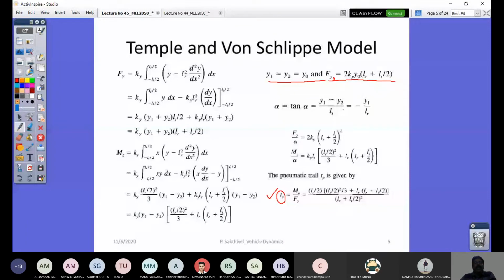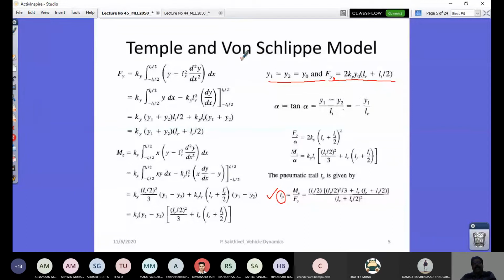So what is the limitation of Julian's model and the Temple and Wanshipy model that we have seen is essentially they are independent models. They do not account for the dependency on both slip and slip angle, right? Or skid and slip angle. When skid and slip angle will come is when I do cornering and I apply brake. So there will be braking force as well as the side force.